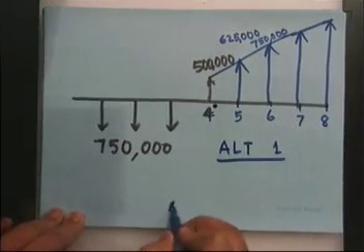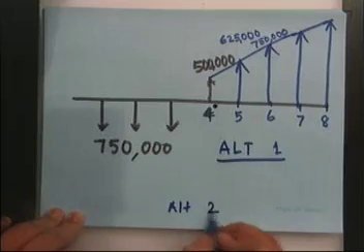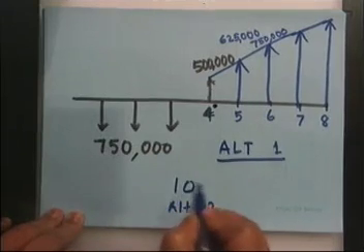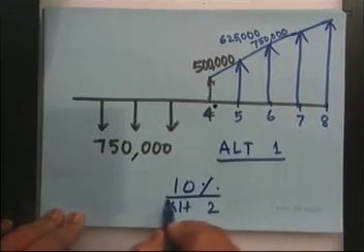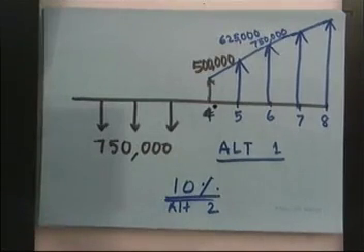For alternative 2, you are given that it is giving you 10% return. So, when do you prefer alternative 1? If you find that alternative 1 is going to give you more than 10%, alternative 1 would be preferable.